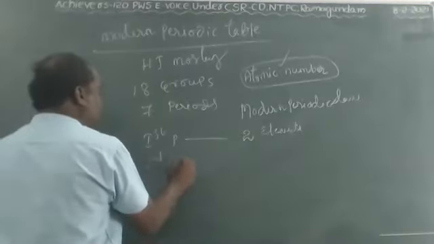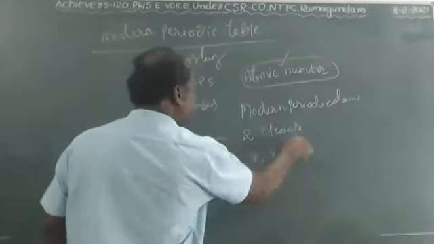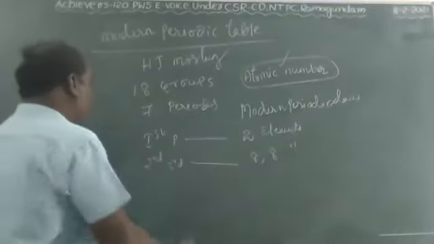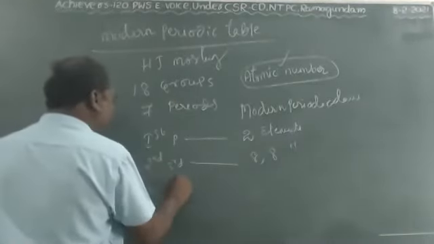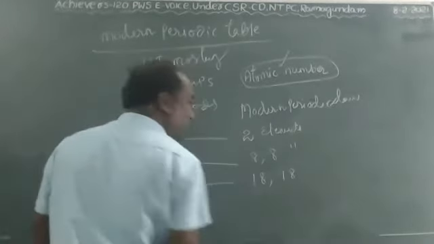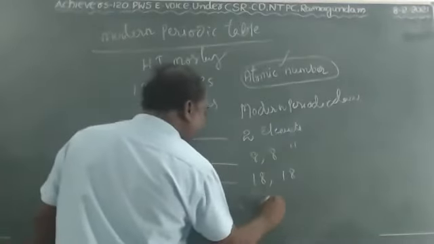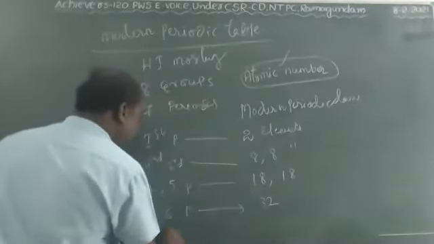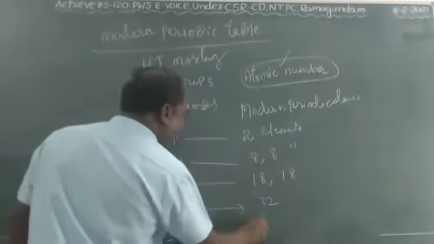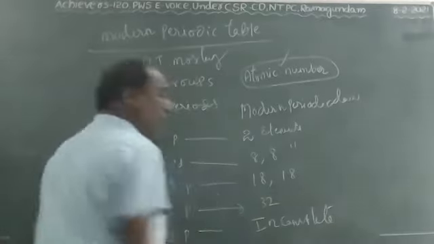The second and third periods consist of 8 and 8 elements. The fourth and fifth periods consist of 18 and 18 elements. The sixth period is the longest period with 32 elements. The seventh period is an incomplete period.